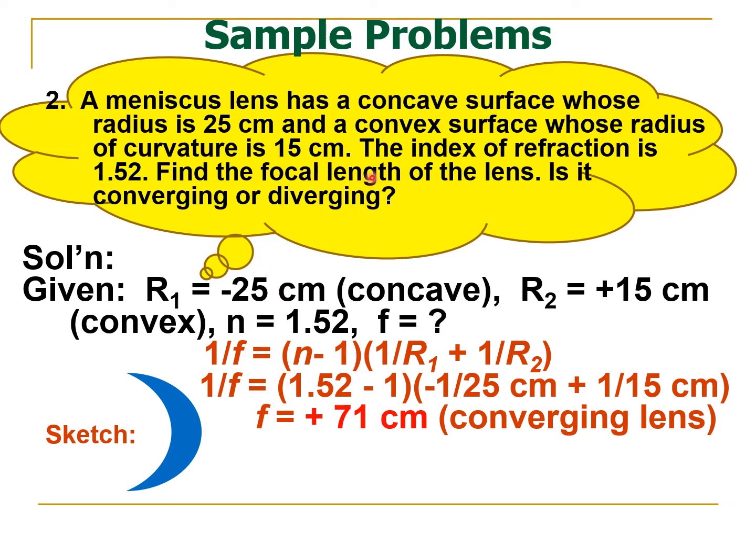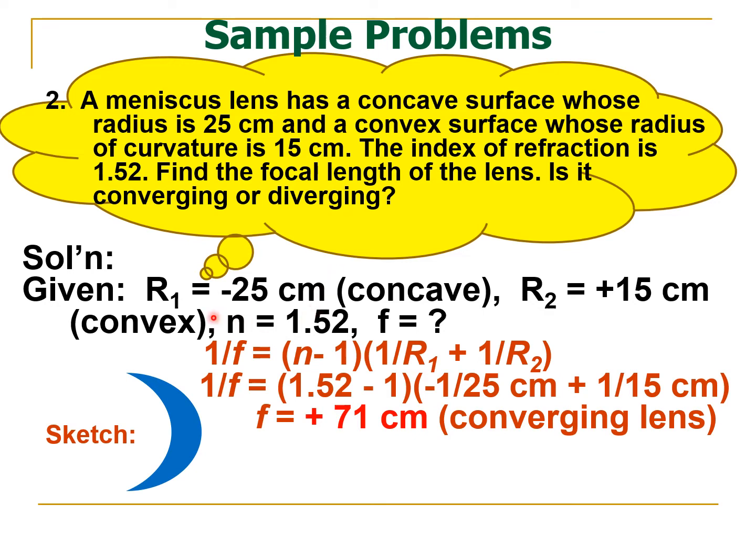If you compare this with the first example, they're quite similar except that we reverse it this time: the concave surface has a radius of 25 centimeters, while the convex surface has a smaller radius of 15 centimeters. Earlier, it was the reverse. So we will see what's going to happen.